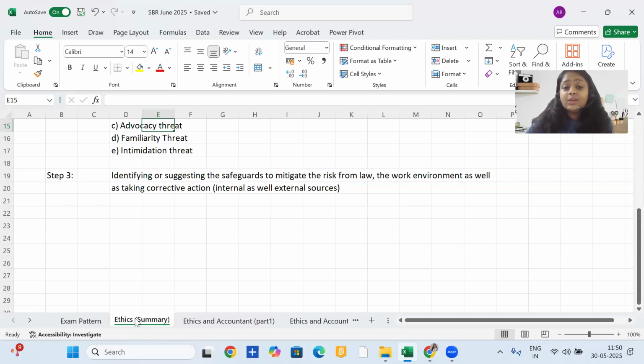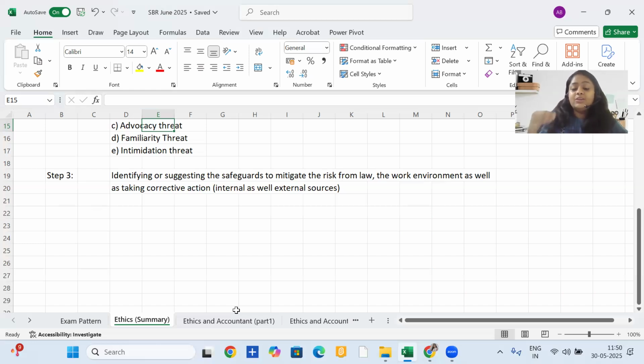Step two, relate it with the question. You will first discuss the background information, like I've also given you in those notes. When you discuss the background information related to the case study given to you, identify at which places the principles are breached and how you know that, highlight them, and relate them to which threats, if that is required to be answered.